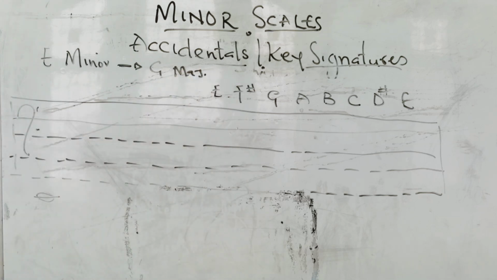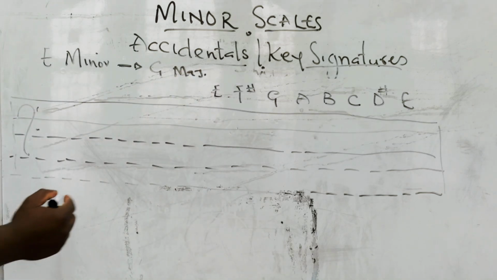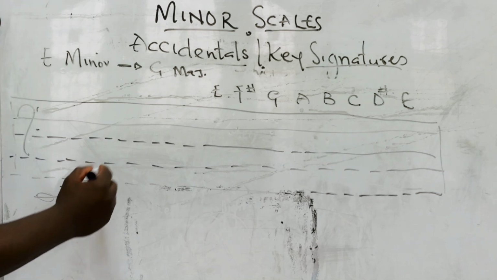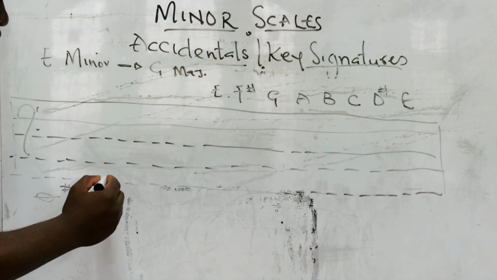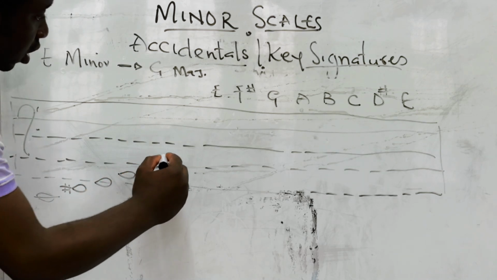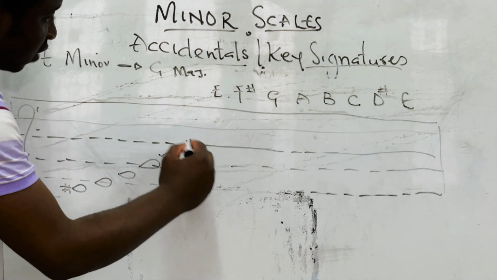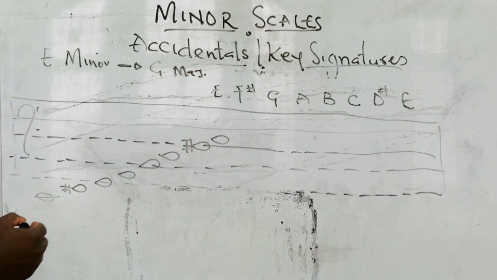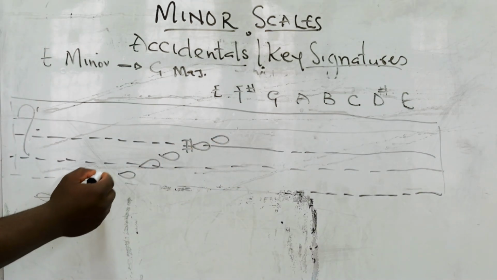And then remember we're doing accidentals, so you have to put the sharps where they appear. Okay, so you now have F sharp, which is this. Then you have G. Then you have A. Then you have B. Then you have C. Then you have D sharp. Then you end on E. And of course, you should know where the semitones are.